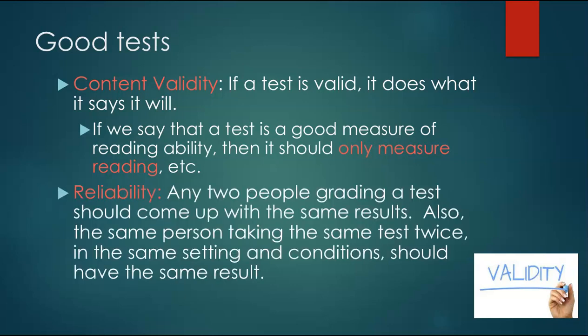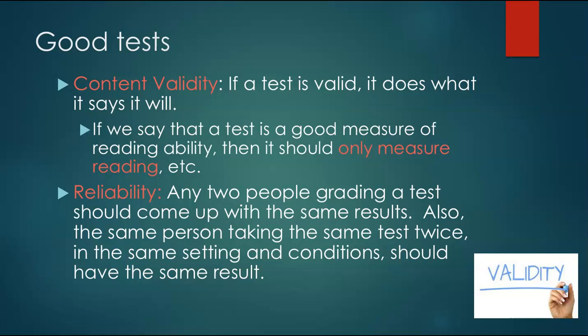Good tests are also reliable. And reliability in this sense means that any two people grading a test should come up with the same results. And also the same person taking the same test twice in the same setting and conditions should have the same result.